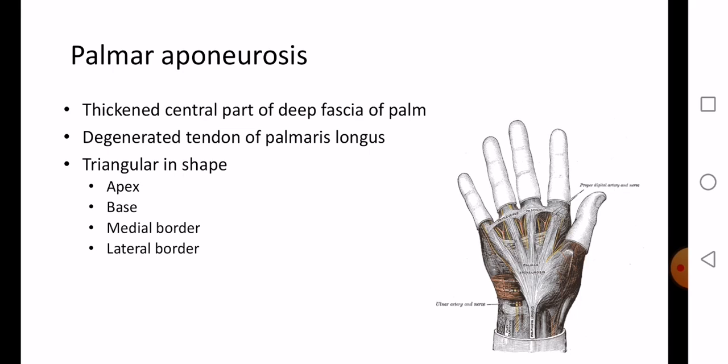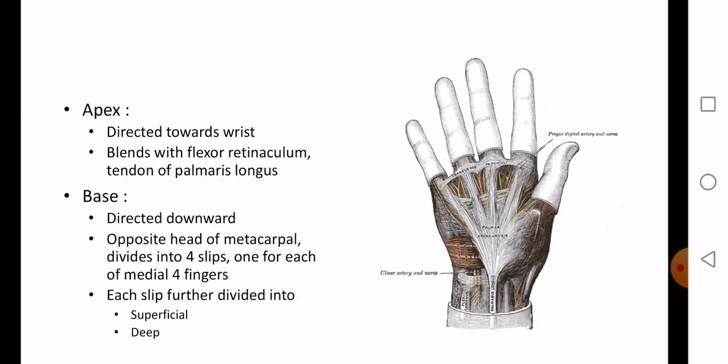So if you look at the diagram, you can see because it is a triangle, it has got an apex, a base, a medial border, and a lateral border. The apex is directed towards the wrist, and it blends with the flexor retinaculum and the tendon of the palmaris longus from which it has originated.